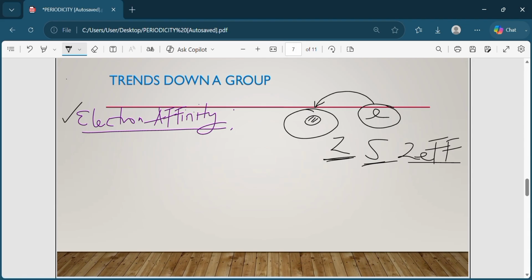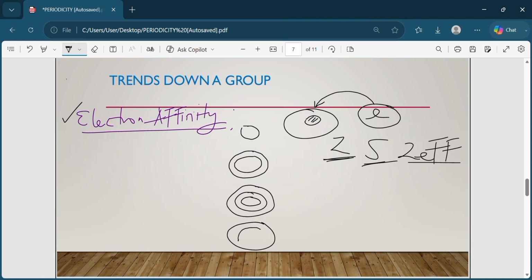Down a group, characteristic to it is the fact that when we're moving down, the number of energy levels keeps on increasing. We have an energy level fully filled with electrons being added to the element at the lower point down the group.